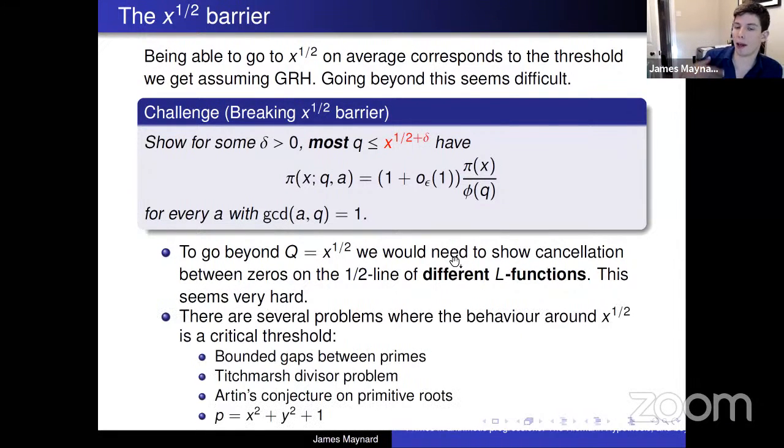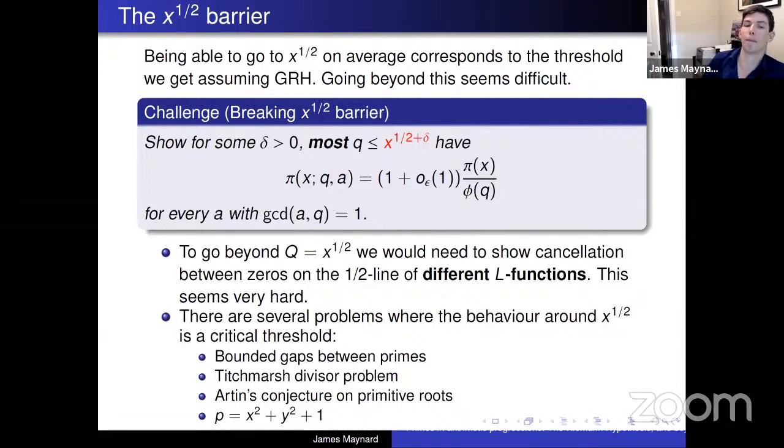But as well as it being naturally appealing, a challenge for me and other analytic number theorists to go beyond this Riemann hypothesis range, it turns out that there are several questions about prime numbers where this threshold of the square root of x is an absolutely critical threshold as to whether you get a result or not.